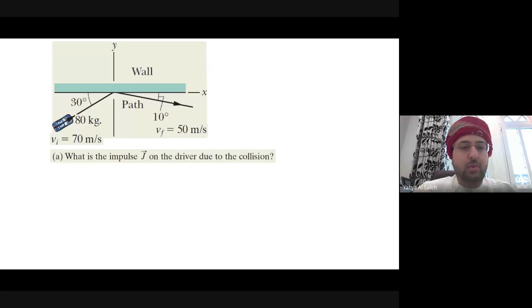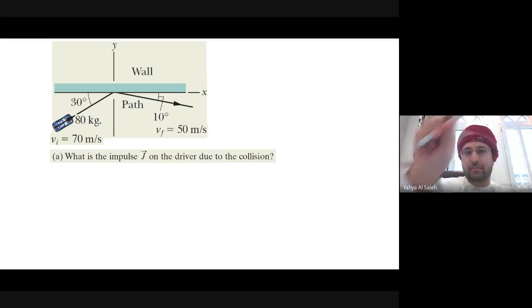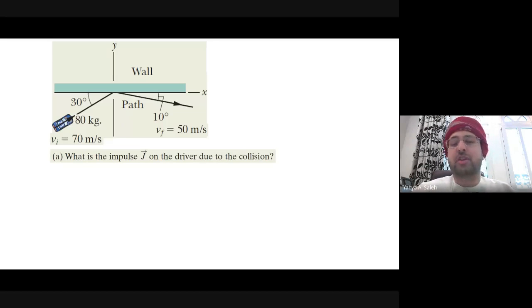There's a person inside it, the driver, who weighs 80 kilograms. It's coming at 70 meters per second at 30 degrees. It hits a wall and then bounces off as much as a car can bounce, at 10 degrees with a velocity of 50 meters per second. What is the impulse on the driver due to the collision?